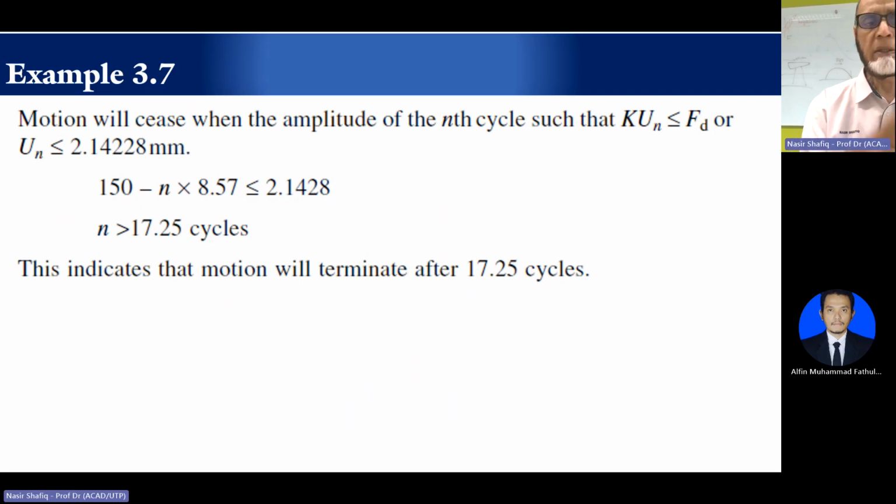Because we don't know how many cycles, 150 minus n times this should be less than or equal to 2. Simplifying this inequality, after 17 cycles it will cease, right?